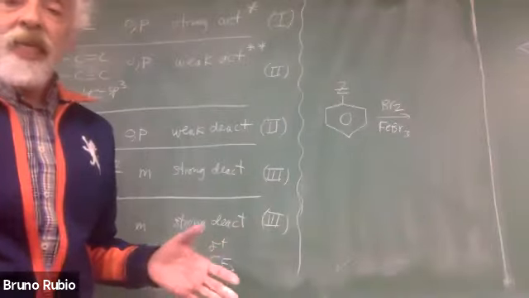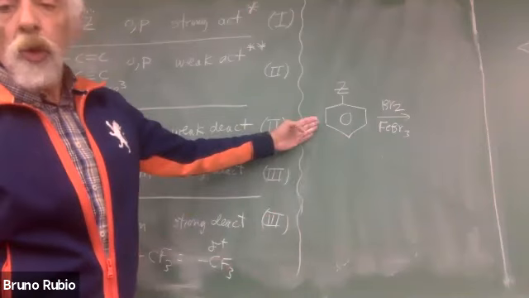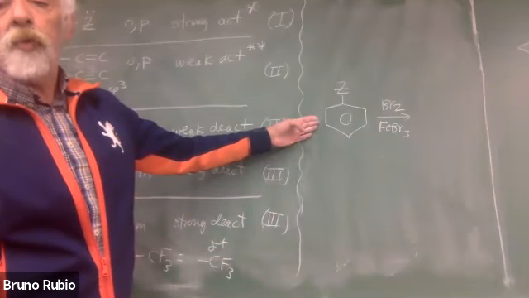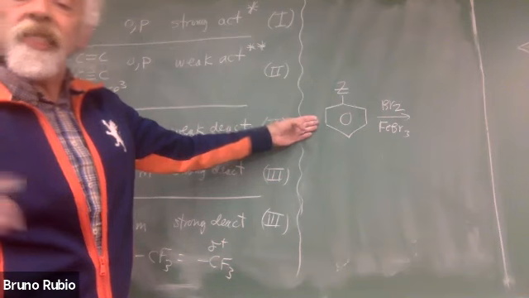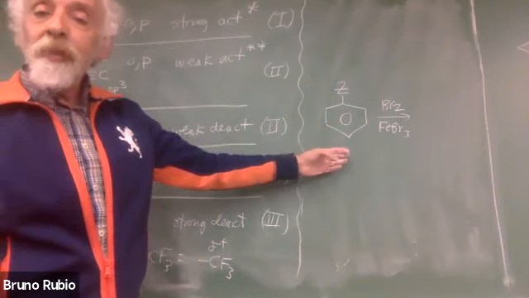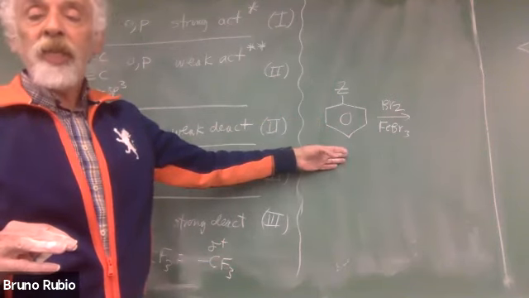Okay, thank you. Before we get to the next group of problems, let me ask you this. Let's say this is an ortho-para director, and let's say we brominate this. Statistically, how much ortho substitution product would we get? Statistically, how much para substitution product should we get?